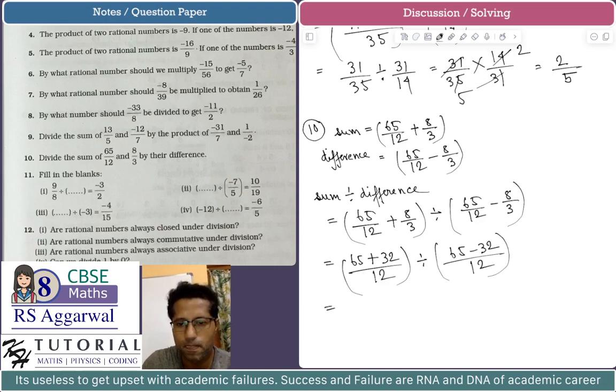This is equal to 97 by 12 divided by 33 by 12.